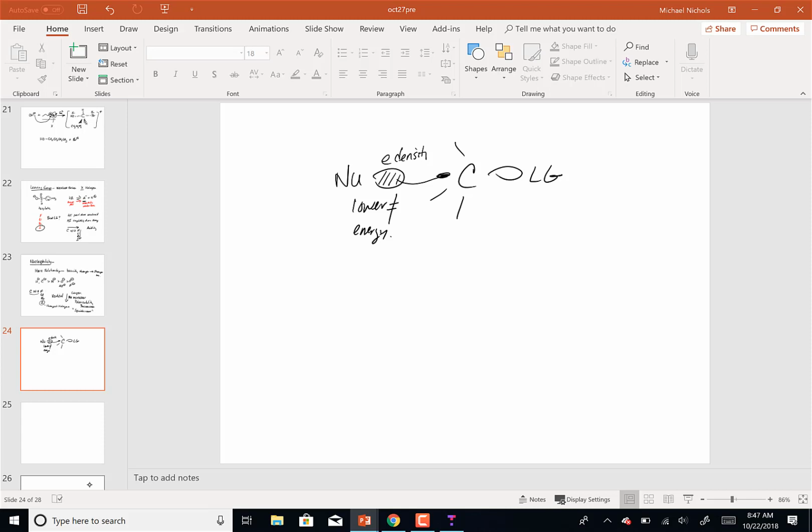And so the more you can concentrate the electron density, the better overlap you'll get, the stronger the overlap, the lower the activation energy, because the lower the transition state energy. So that's how we explain the experimental result, that as you go down the periodic table, the nucleophilicity increases.